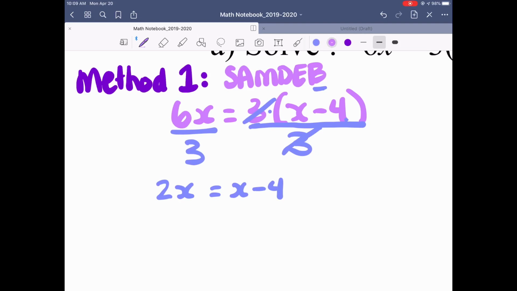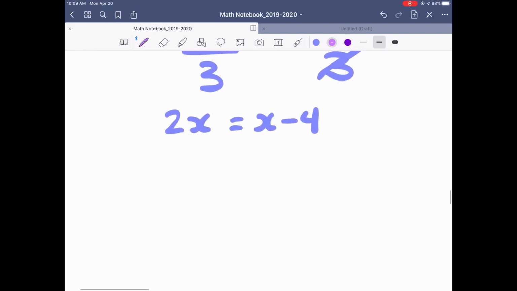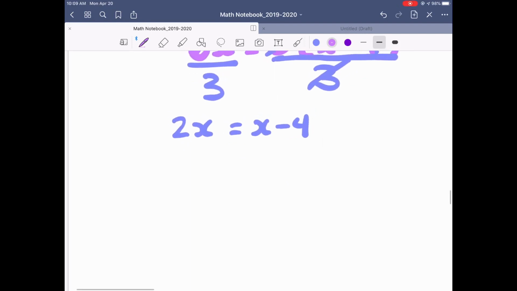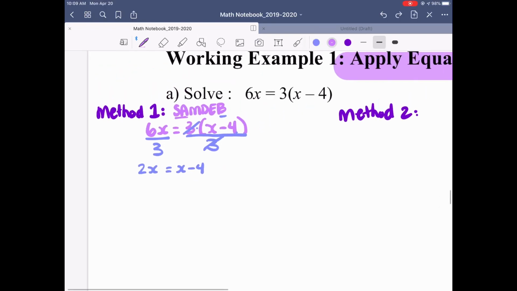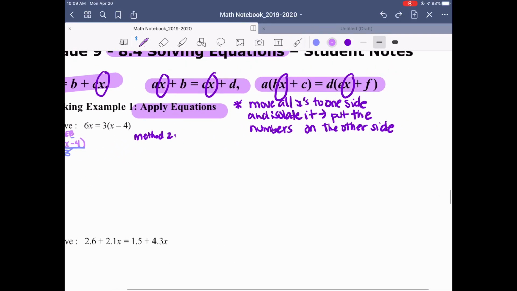And then now you continue with your SAMDEB, so subtraction and addition. We have x minus 4. So this is where it gets tricky. You have x minus 4 here, and you have 2x here. Remember the note I said, you want to move all your x's to one side.